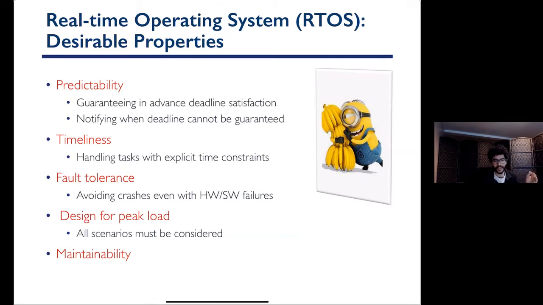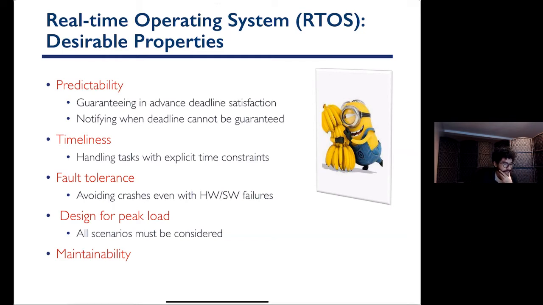This fault tolerance piece comes usually because embedded and real-time operating systems are mostly deployed in safety critical systems, and being able to tolerate faults is a main issue when you're designing a mission critical system.